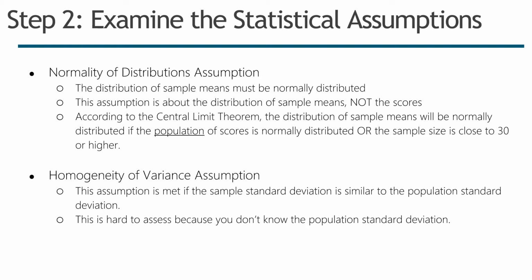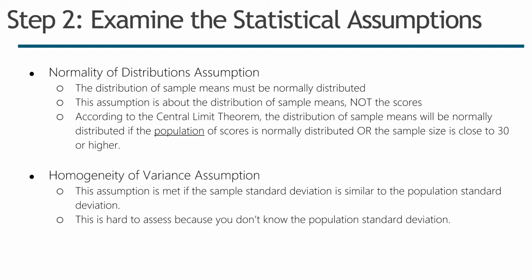Now, luckily we know that according to the central limit theorem, the distribution of sample means will be normally distributed as long as your population of scores is normally distributed or your sample size is close to 30 or higher. So in this case, we have a sample size of 49, and so we should be very confident that our distribution of sample means will be normally distributed.